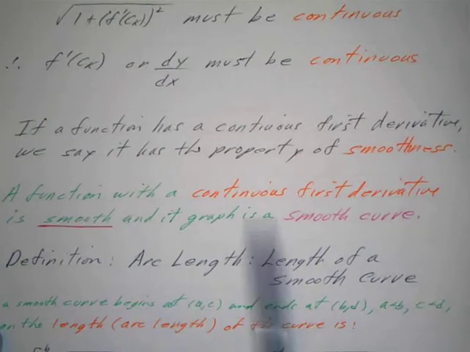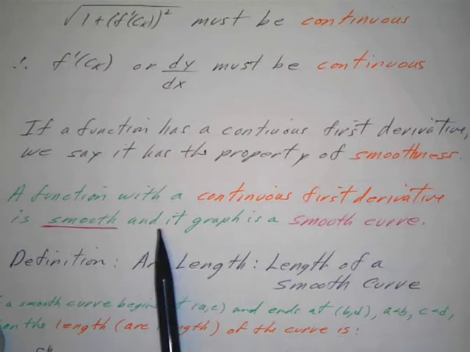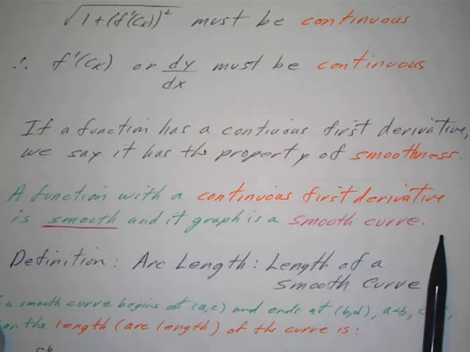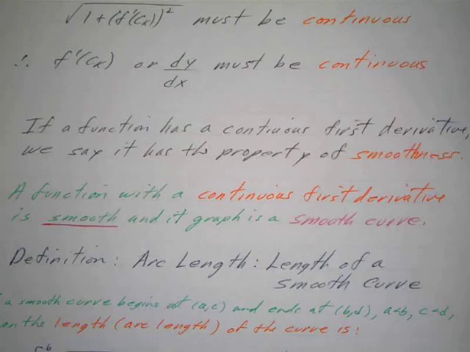Okay, a function with a continuous first derivative is smooth, and its graph is a smooth curve. So we have to have these properties. So my function not only has to be C2, so the mean value theorem will apply, its first derivative also has to be continuous, so it's a smooth curve. All right. So we've got that.